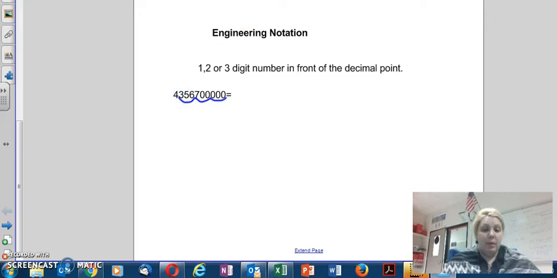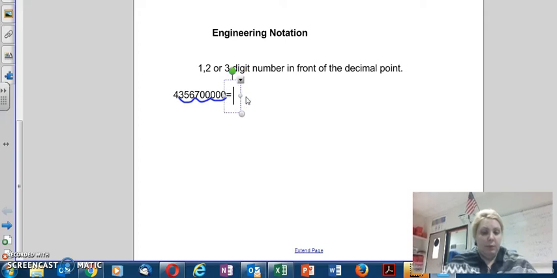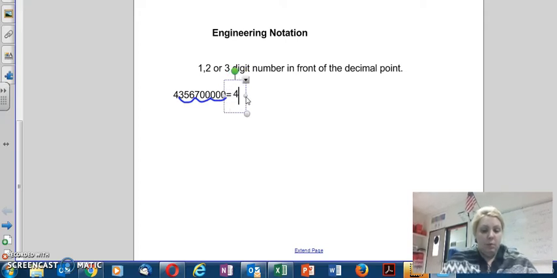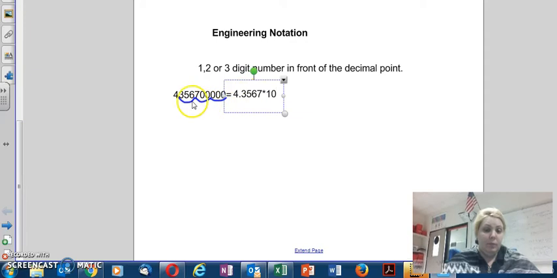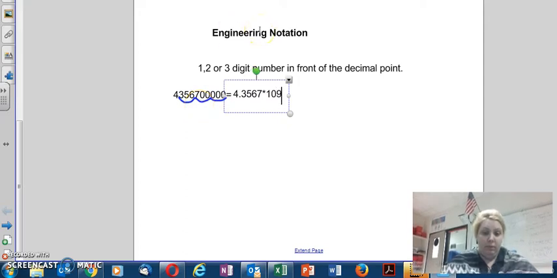So the next thing I'm going to do is write down that number. So I'm going to have 4.3567, and then I'm going to figure out my power. So I went in sets of 3, and I went 3 times, so that makes it a 9. So this is 10 to the 9th.